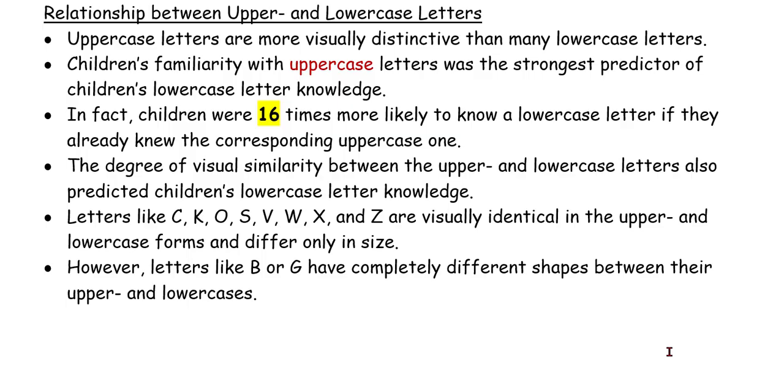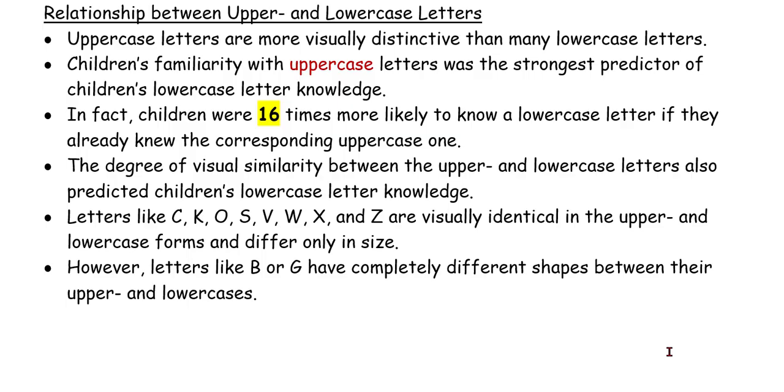The degree of visual similarity between the upper and lowercase letters also predicted children's lowercase letter knowledge. For example, letters like C, K, O, S, V, W, X, and Z are visually identical in the upper and lowercase forms and differ only in size.